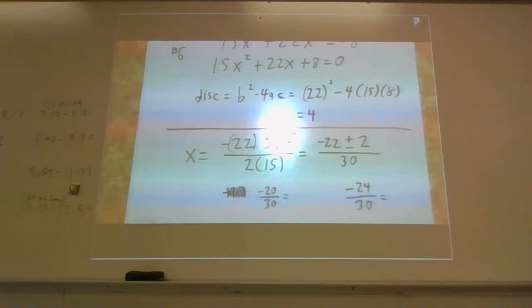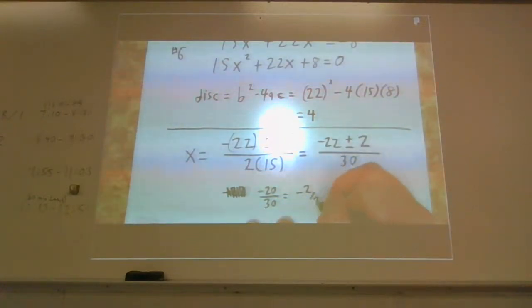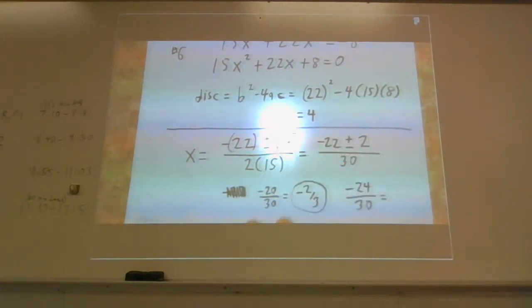So that'll give me the fraction negative 2/3, and that'll give me the fraction negative 4 over 5. Huh. That's strange. I mean, that's cool. That's nice.